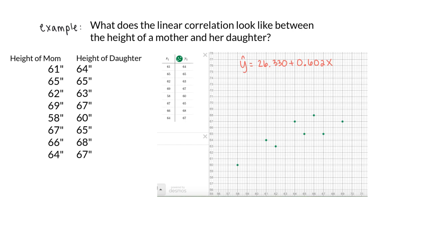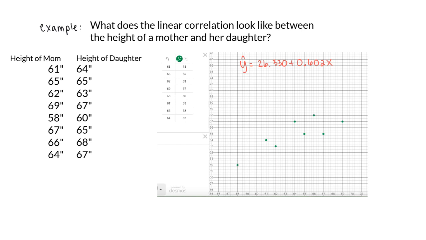But if you look closely at the way that I've scaled this graph, the x-axis doesn't start at 0. The minimum x and y values here are 55. So I don't have the physical space on here to graph the y-intercept because the x-axis starts at 55.